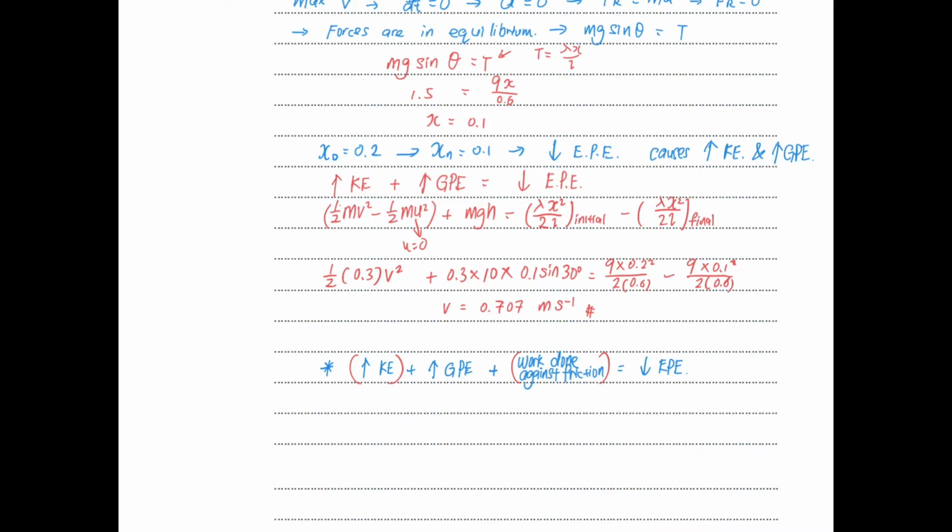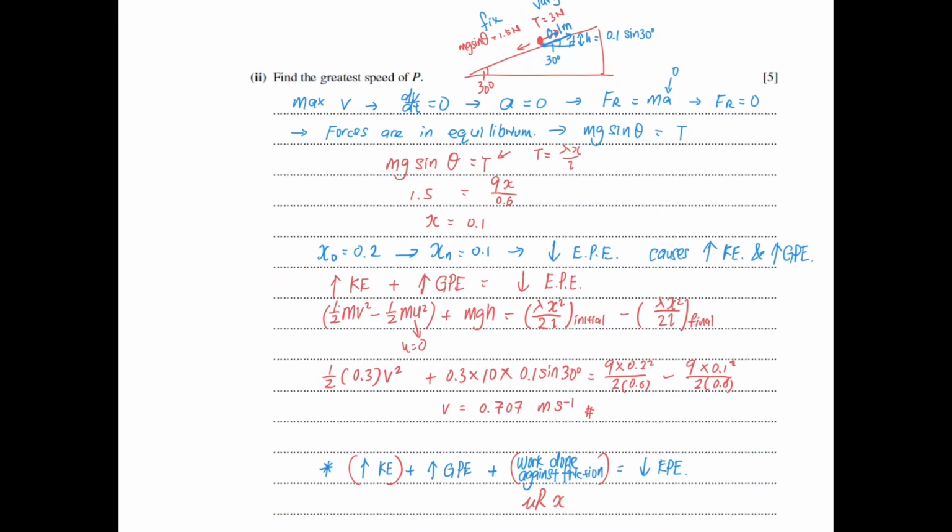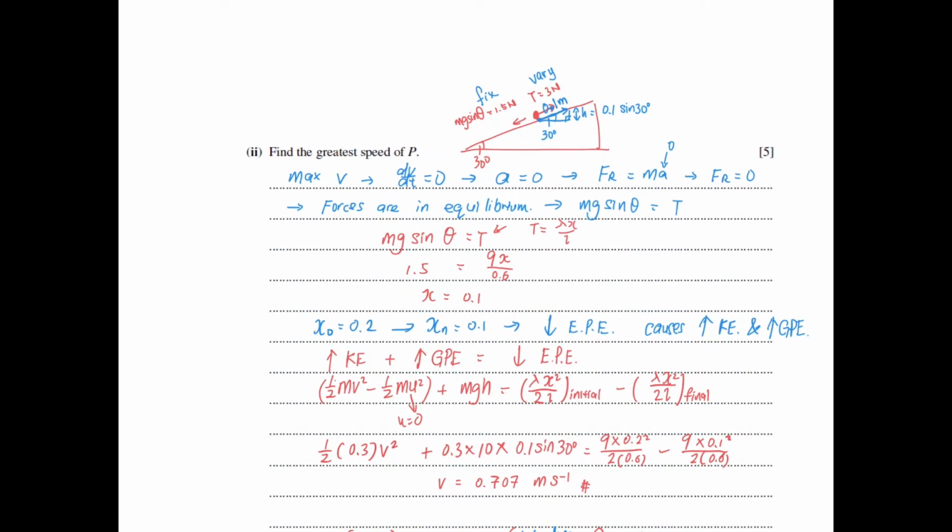So that is how we deal with the work done against friction, where you have to use mu R, the frictional force, multiplied with the x. For the R, mu of course is given. R has to be the R that is perpendicular to the inclined plane.